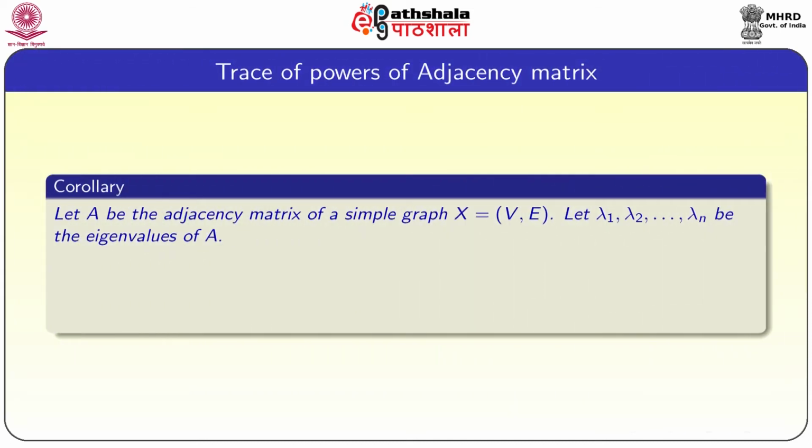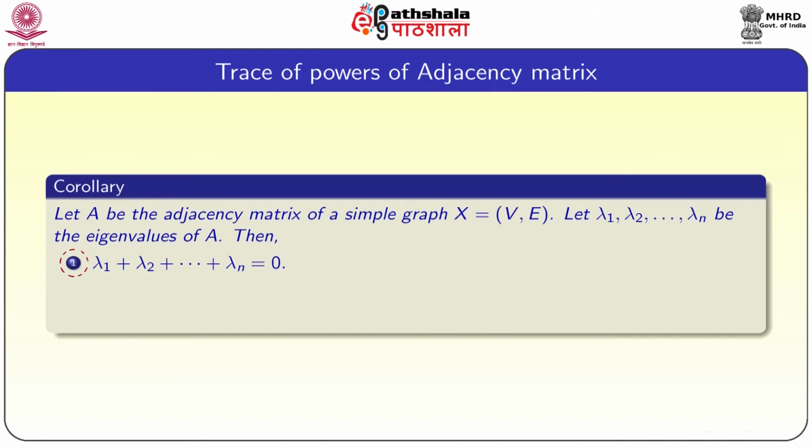Now, we look at an important result: what the trace of the adjacency matrix will provide to us. Let A be the adjacency matrix of a simple graph X, which is equal to (V, E). Let lambda 1, lambda 2 and so on up to lambda n be the eigenvalues of A. Then lambda 1 plus lambda 2 and so on plus lambda n is equal to 0.